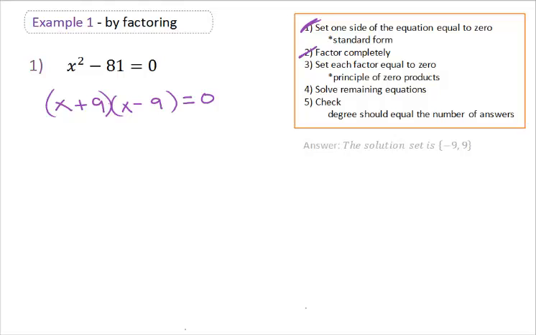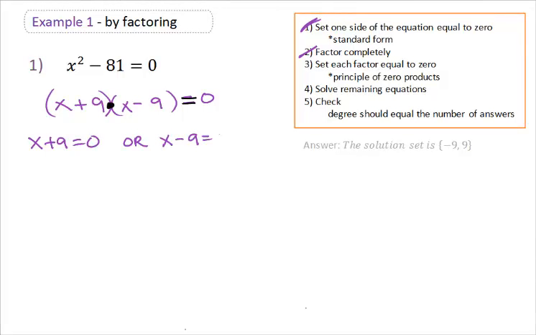Now, since we have something times something equal to 0, we can split it apart using the principle of zero products. That tells us the first is equal to 0 or the second is equal to 0. Both of those will give us a solution to this problem. So we have finished step number 3.